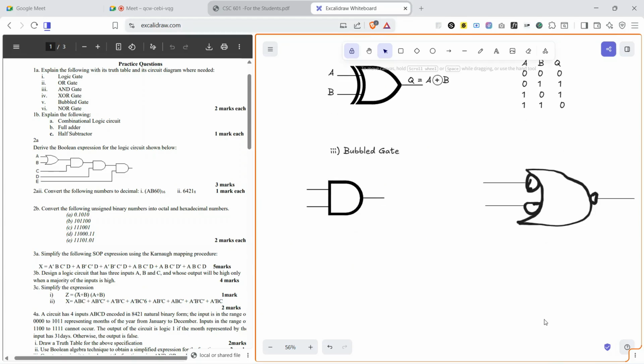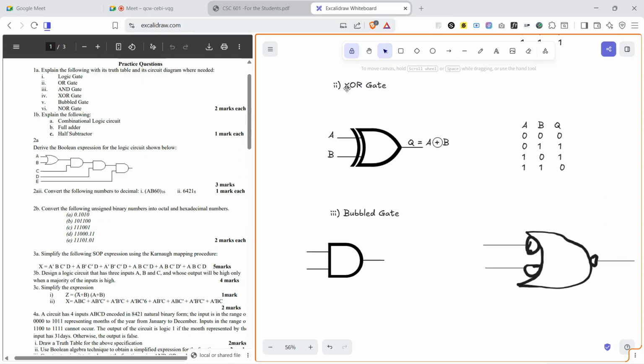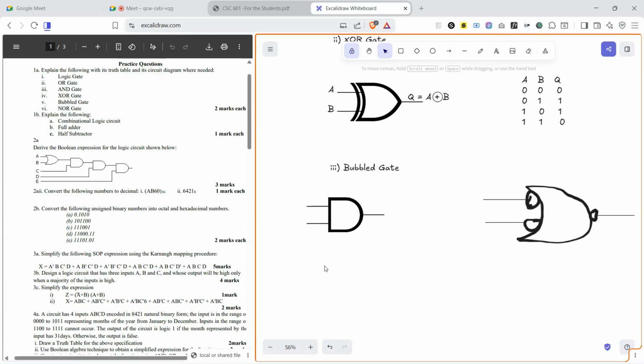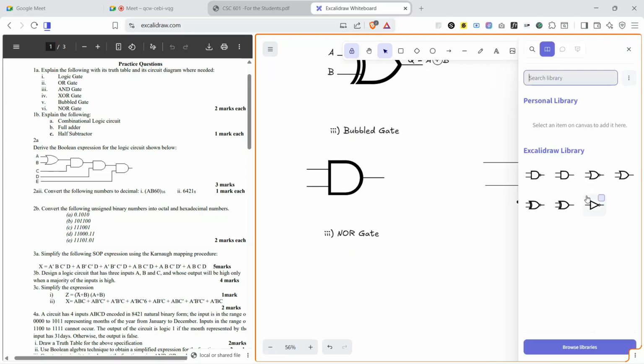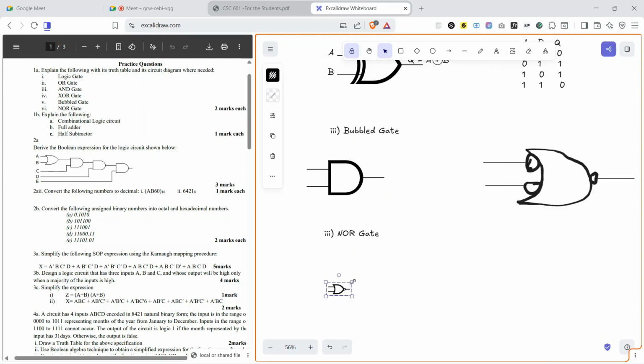Then for NOR gates, the NOR gate is basically the inversion of OR gates. So it's an OR gate with a bubble in front of it. So this is the NOR gate.